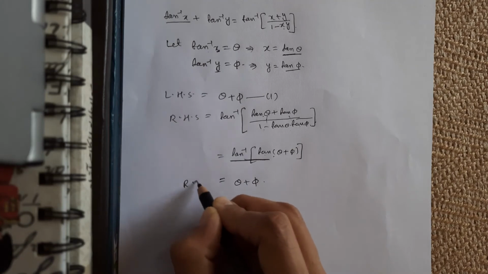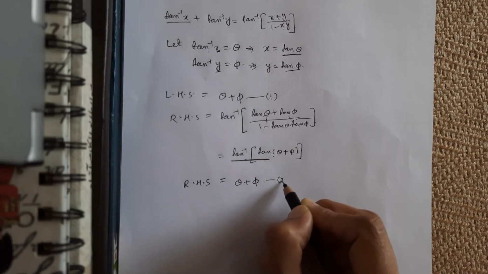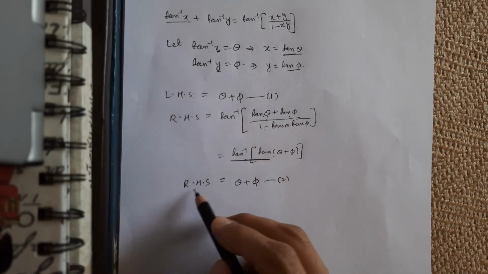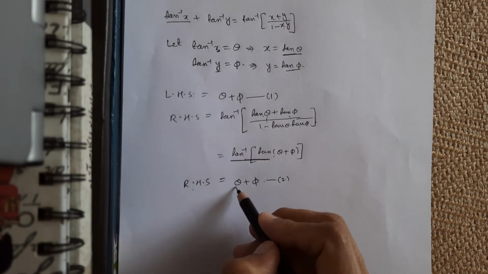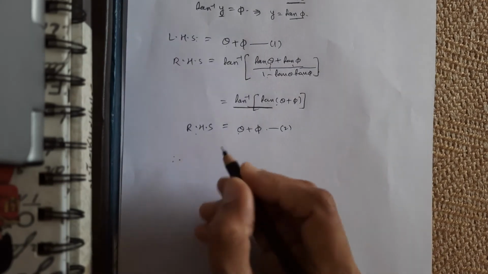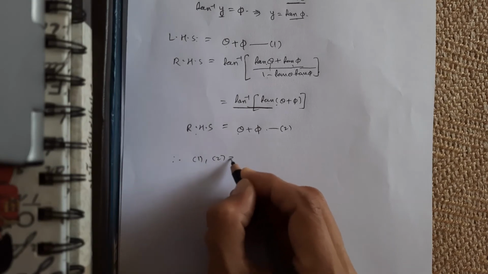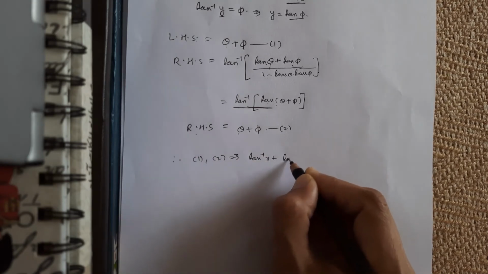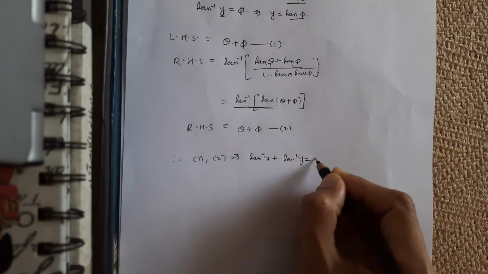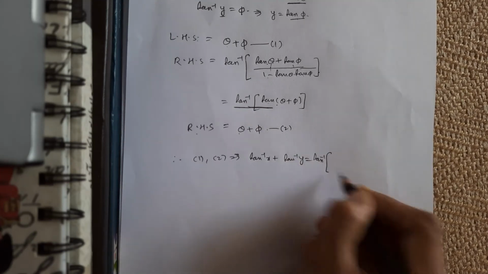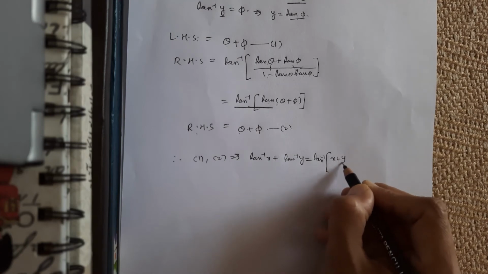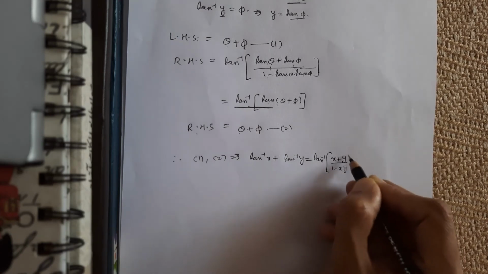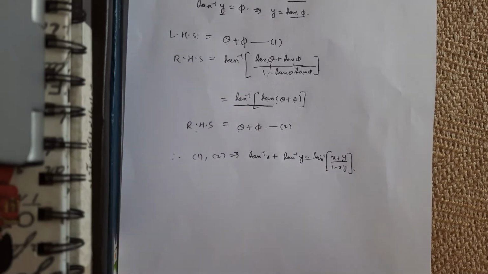This is the RHS. So from equations 1 and 2, LHS and RHS both lead us to theta plus phi. Therefore, tan inverse x plus tan inverse y equals tan inverse of x plus y upon 1 minus xy. That's how we prove it.